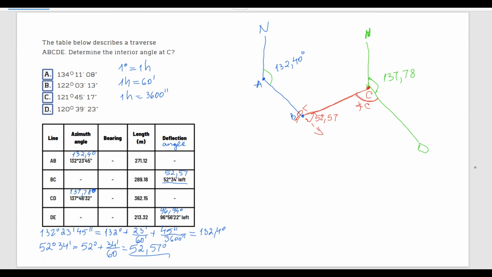Angle C, or BCD. Okay, let's see how we can do that. In order to calculate C, it would be helpful to know this entire angle, right? Now, this entire angle, if you notice, is the azimuth of line CB.